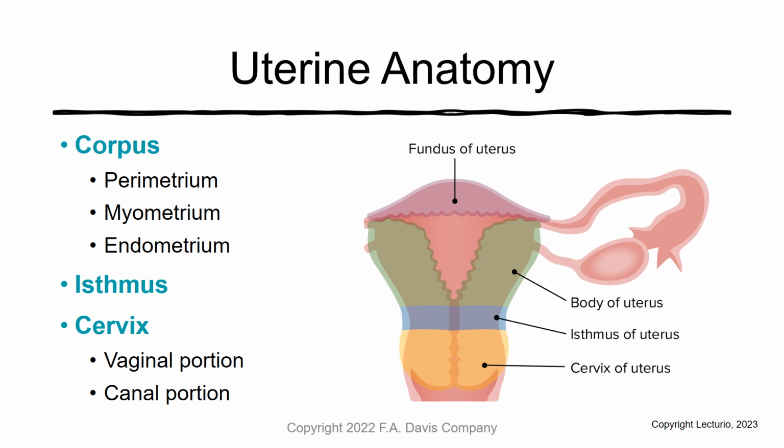So the function of the cervix, there are several different things that the cervix does. It transports sperm into the uterine cavity, it allows blood to escape during menstruation, and it secretes mucus, which will lubricate and protect the vaginal canal. Now, during pregnancy, the cervix forms a mucus plug, which will protect the pregnancy from outside pathogens.